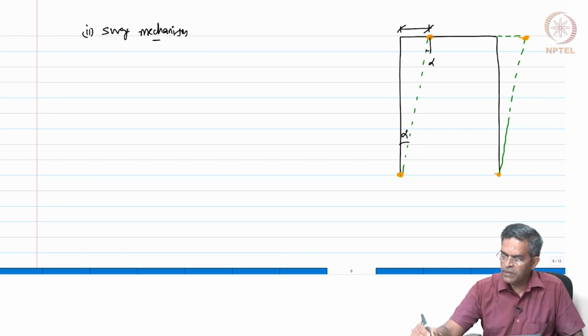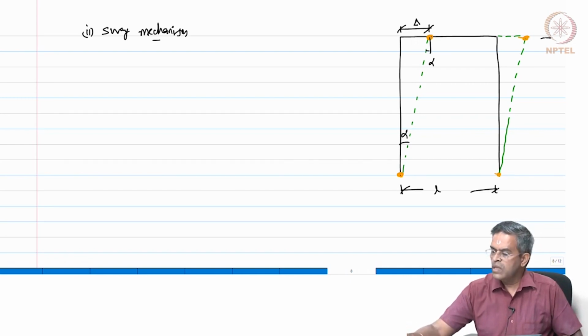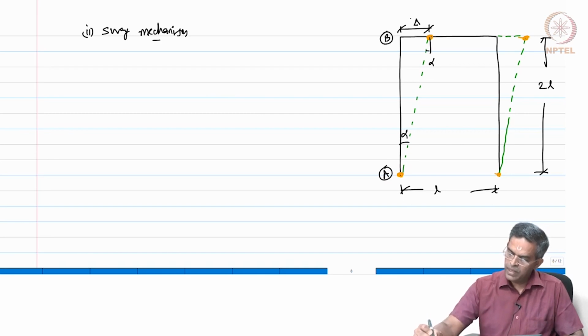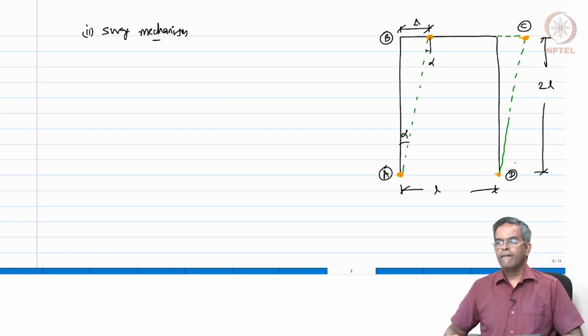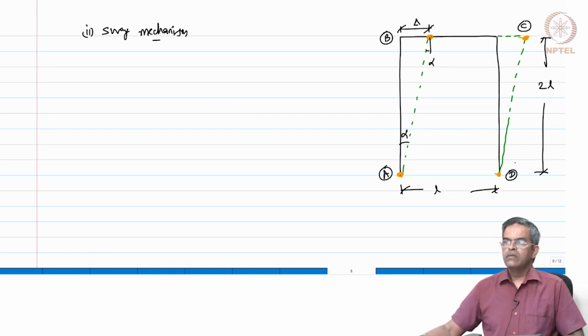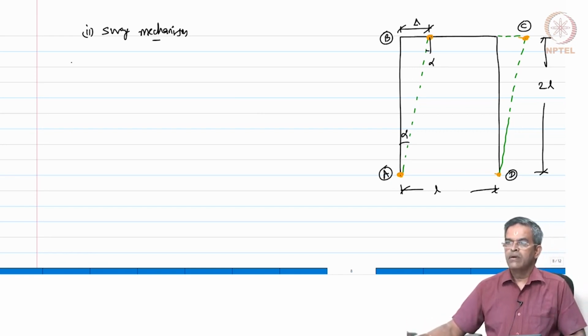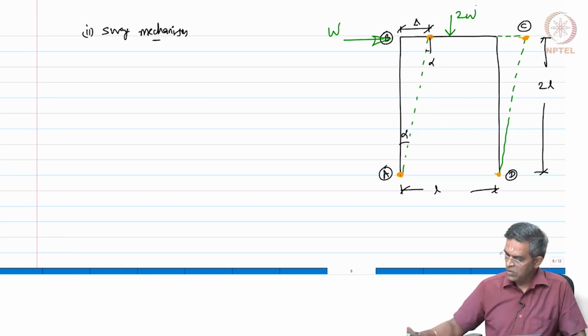Let me call this displacement as delta. Let us write down the geometry. This is L and this is 2L, am I right? And this end is A, this is B, this is C and this is D. And there is a load applied, which is W here, is it not? And of course, there is a load applied here, which is 2W.